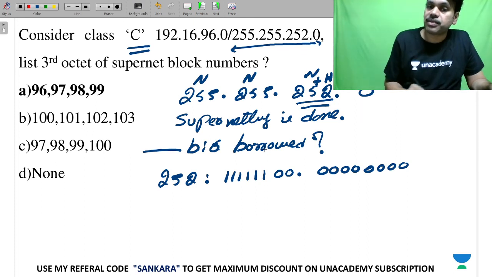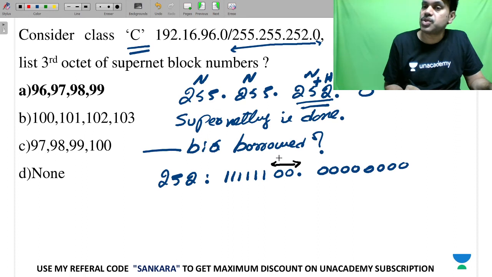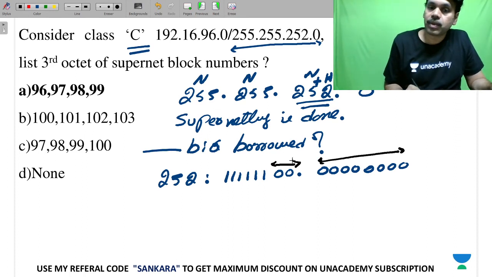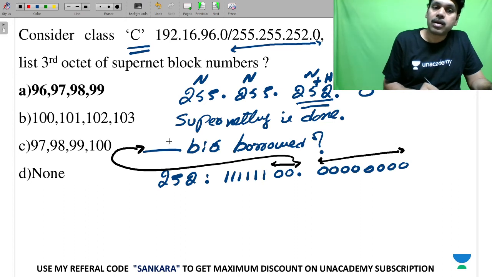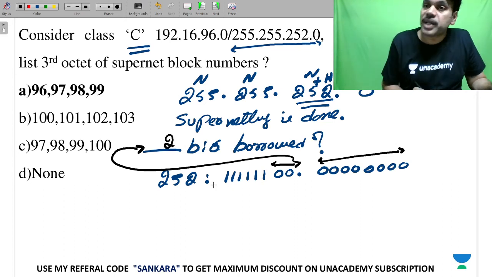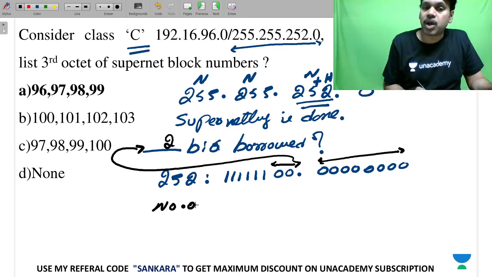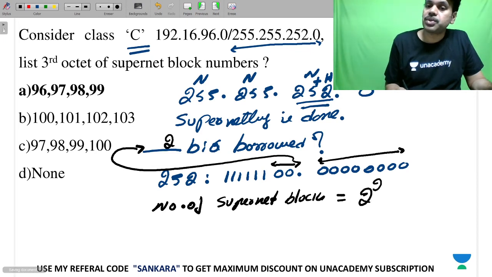Please observe carefully. Only in this octet, ones become two zeros. That means 2 bits are borrowed. When 2 bits are borrowed, the number of supernet blocks is 2 raised to 2, which is nothing but 4 supernet blocks.